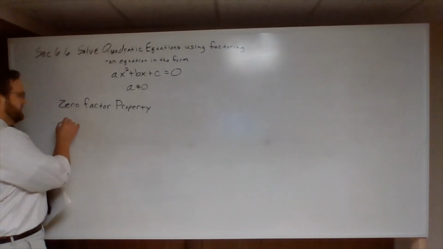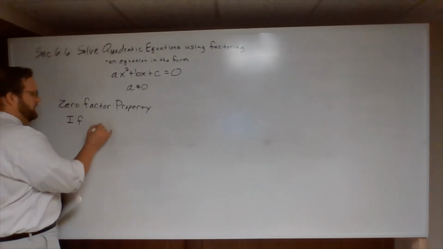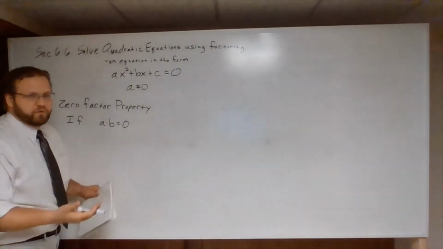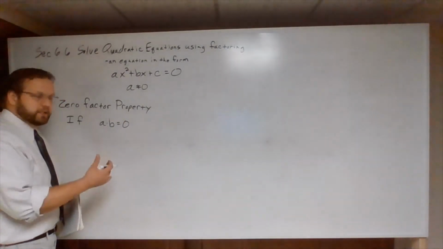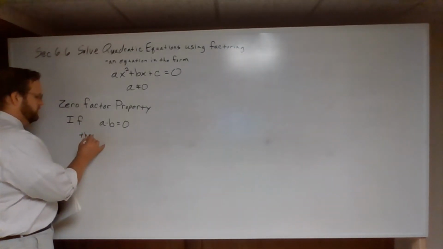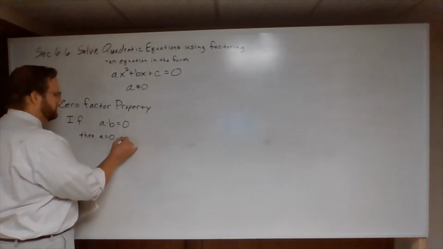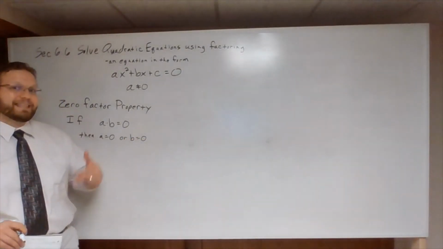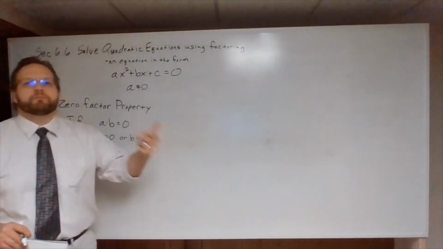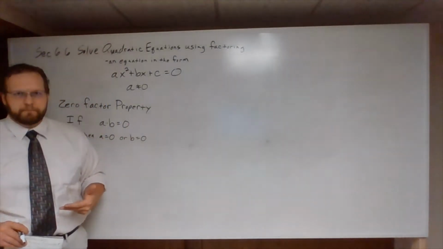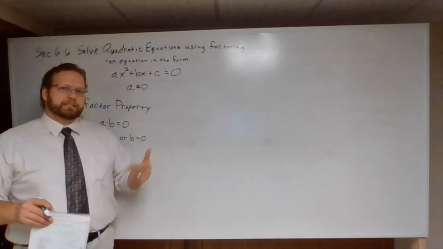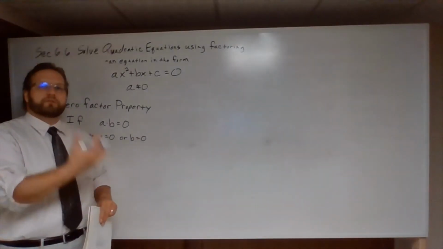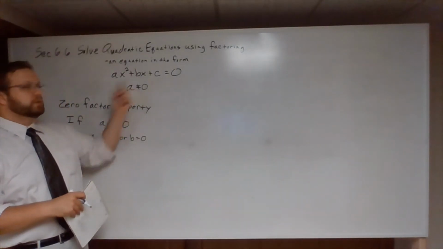Now, what this is saying is, if a times b equals 0, you have two things, or 3 or 4 things, but you have a product equaling 0, then a equals 0 or b equals 0. So if you have things being multiplied and they give you a 0 at the end, you need to have been multiplying by a 0 in the first place. Okay? You can't get a 0 with negatives or positive. They have to have a 0 somewhere in there. And this, along with the factoring, will allow us to solve stuff like that.